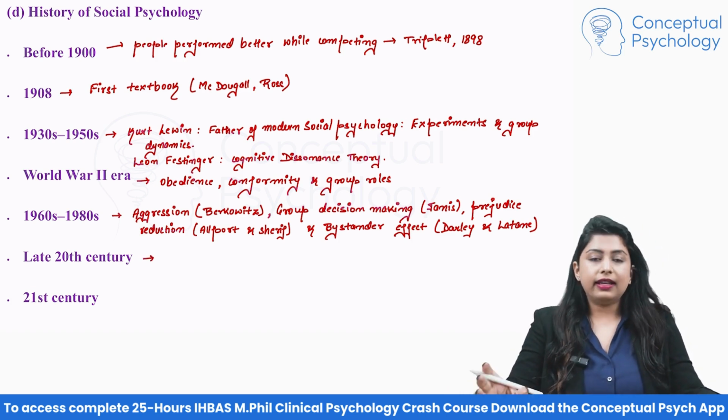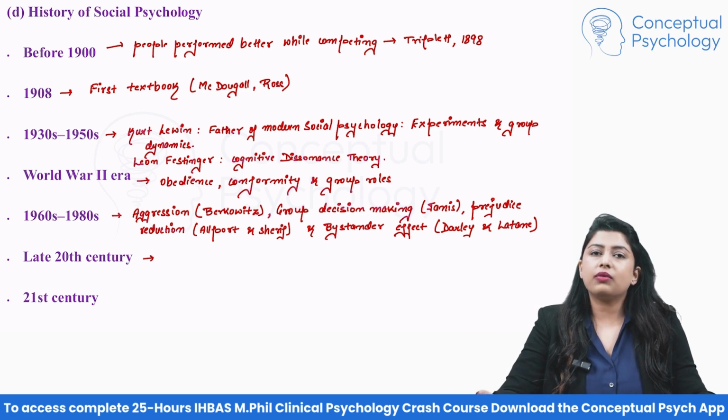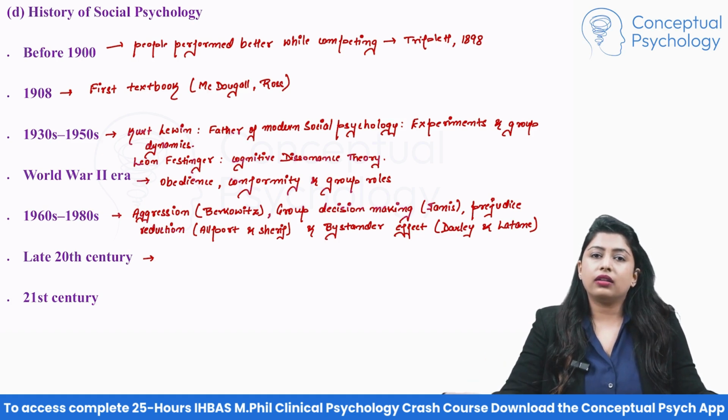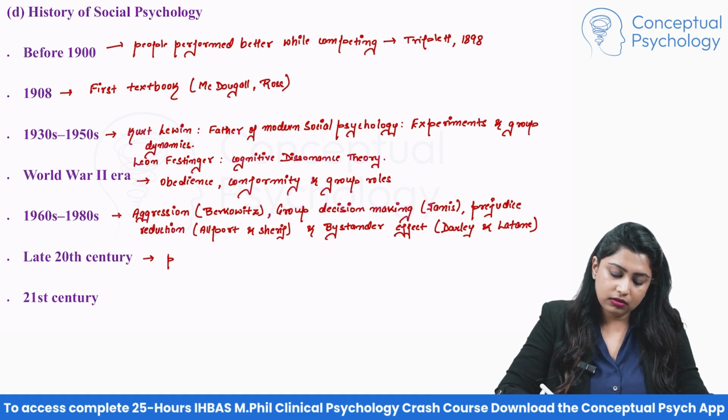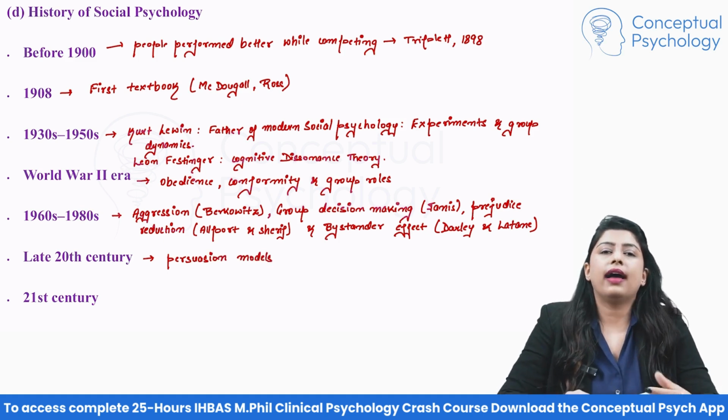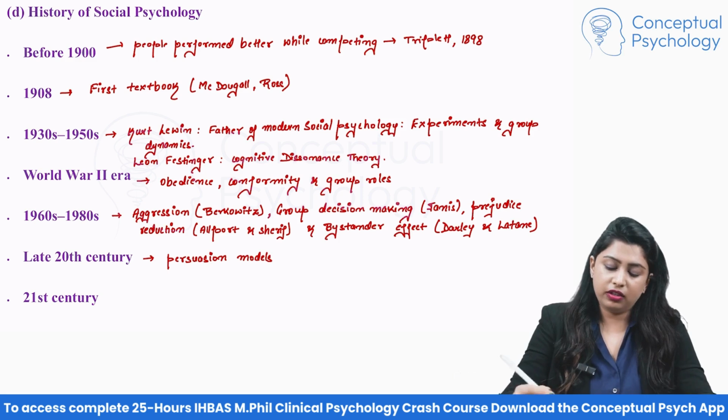Now, in the late 20th century, there was a rise of cognitive orientation where you would study persuasion models and the attitude behavior relationship.